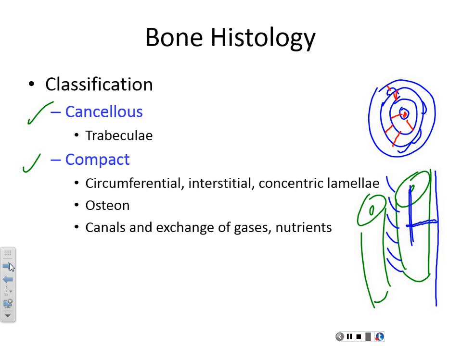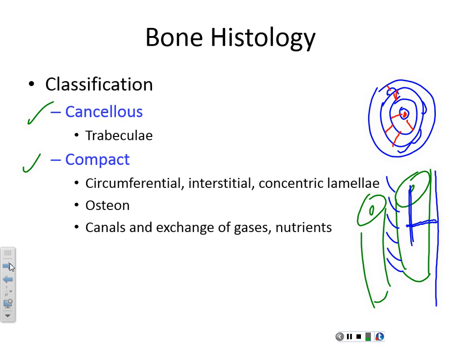Okay? So know about the perforating canals and what their job is, to take the blood to the central canal. And the central canal carries the blood vessel that goes along the length of the osteon. And then the canaliculi spread the blood throughout the osteon, right?